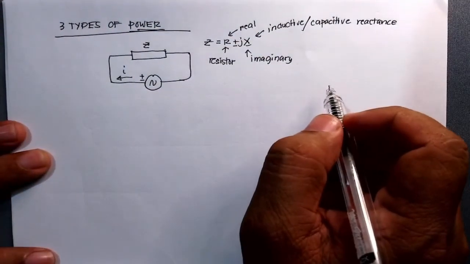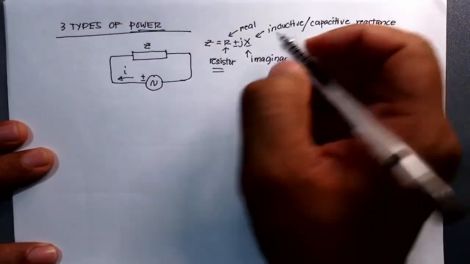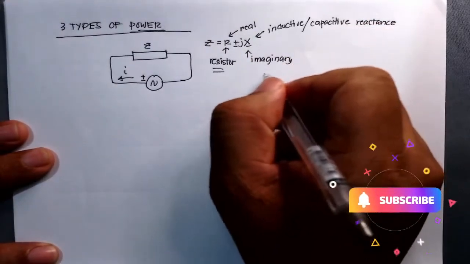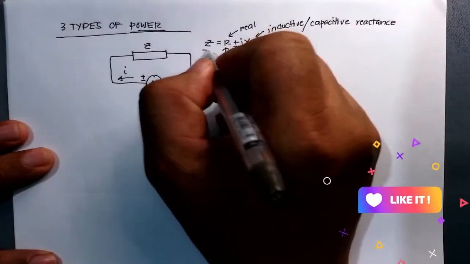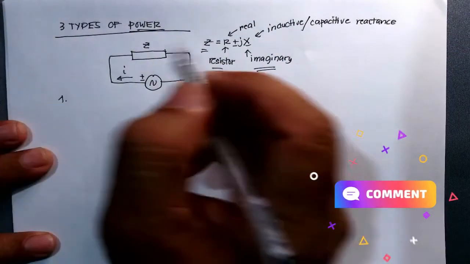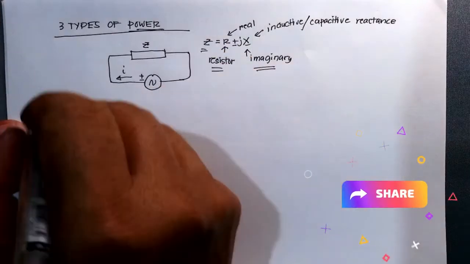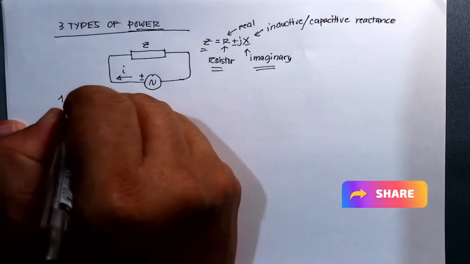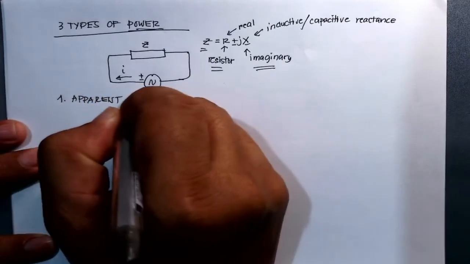So what are those powers? These are the power that is produced by your resistor, and the power that is produced by your reactance, and also the total power, which is Z. So the first type of power is what we call the power that is produced by Z. We call this apparent power.